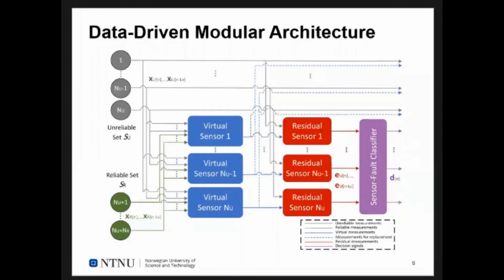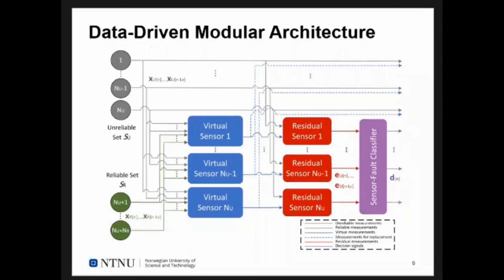Then these sensors enter a group of virtual sensors in which, based on the measurements, we are trying to predict each sensor measurement from the remaining measurements. For instance, virtual sensor number 1 is trying to predict sensor 1's measurement, having as input all the rest of the sensors except number 1.